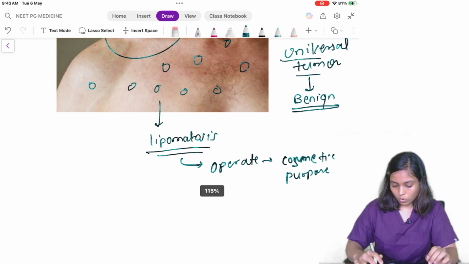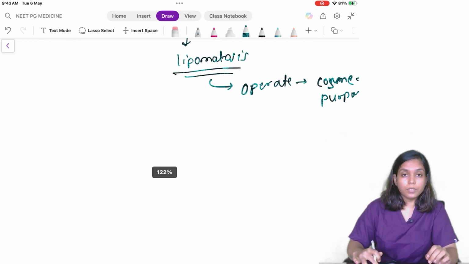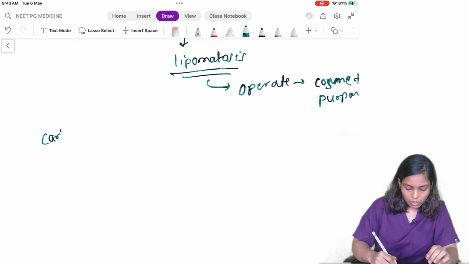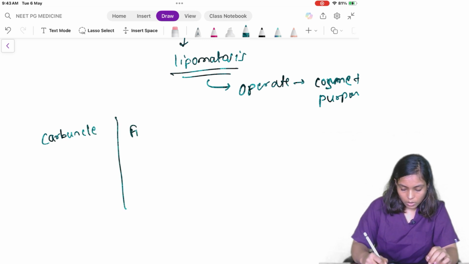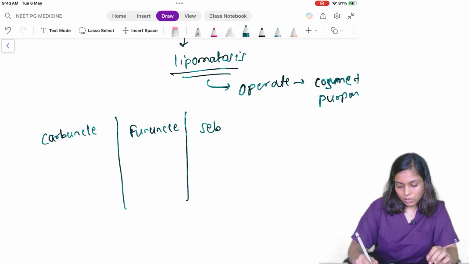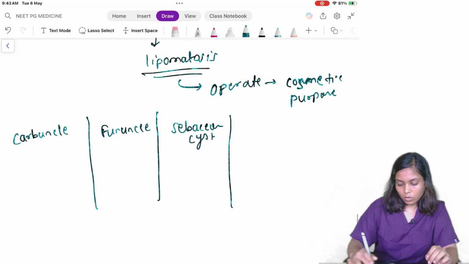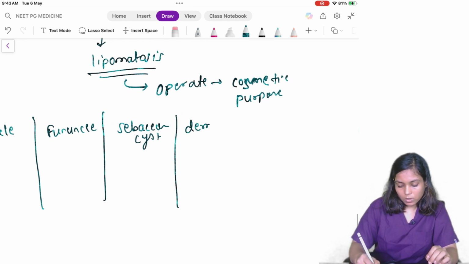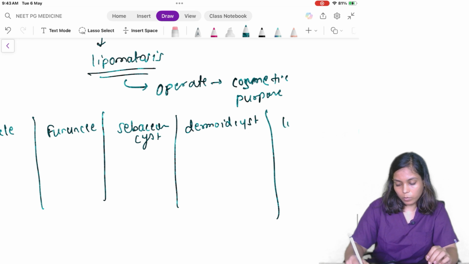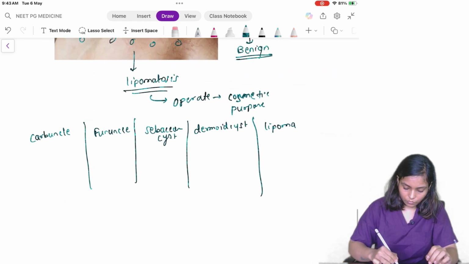Now, how to differentiate carbuncle, furuncle, sebaceous cyst, dermoid cyst, and lipoma. Am I missing something?